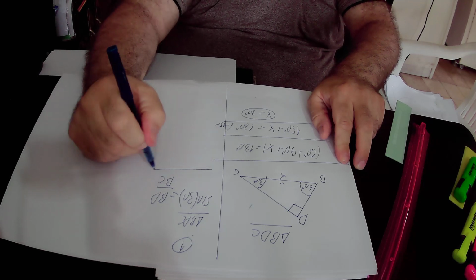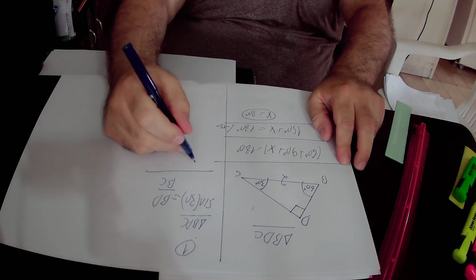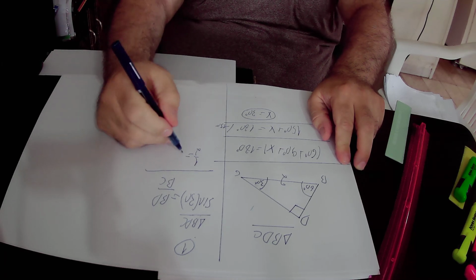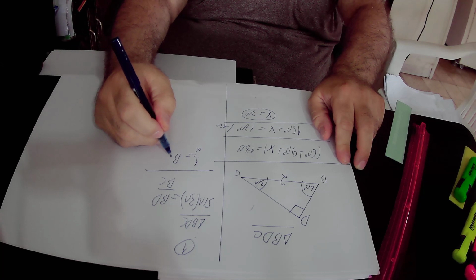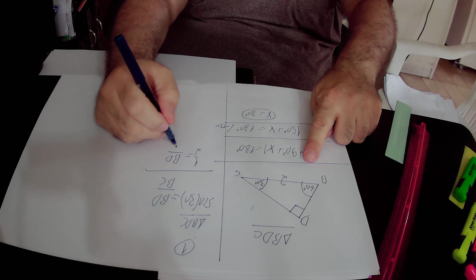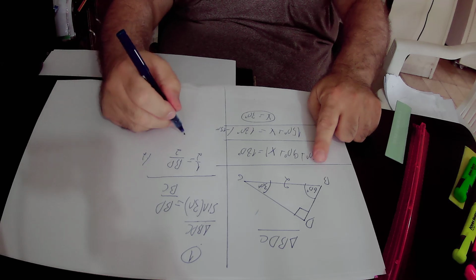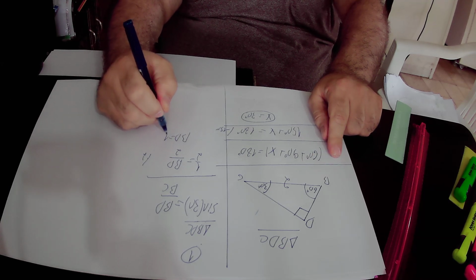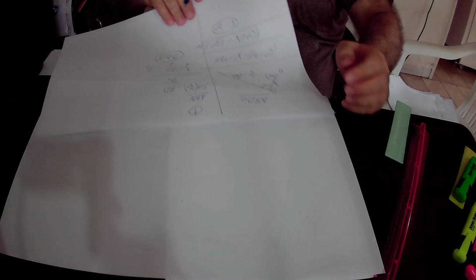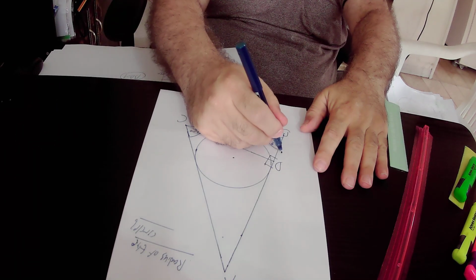Sine 30 degrees is 1/2, so we substitute sine 30 degrees by 1/2, and it is equal to BD over BC, but BC equals 2 units, so we substitute BC by 2. We'll multiply this equation by 2 and we'll get that BD equals 1 unit. So BD equals 1 unit. Here we can write in the original drawing itself that BD equals 1 unit.